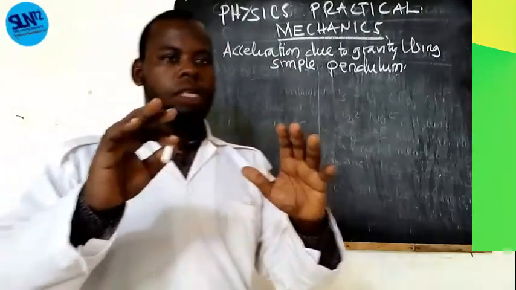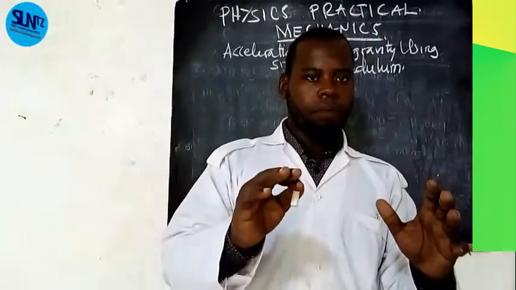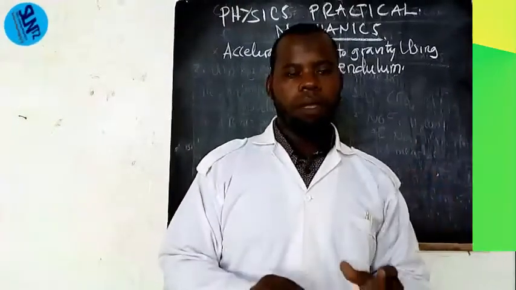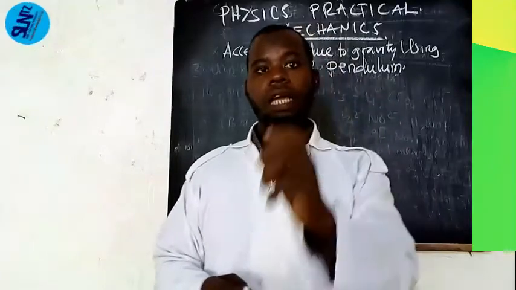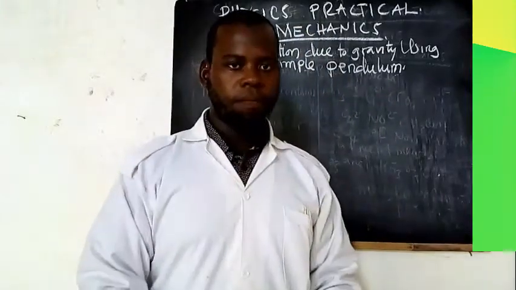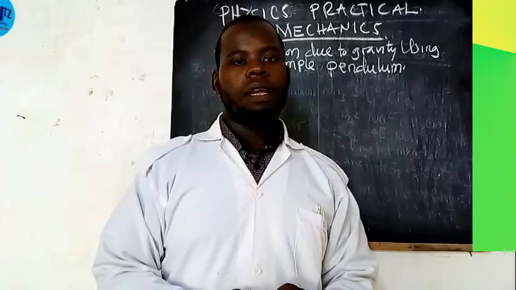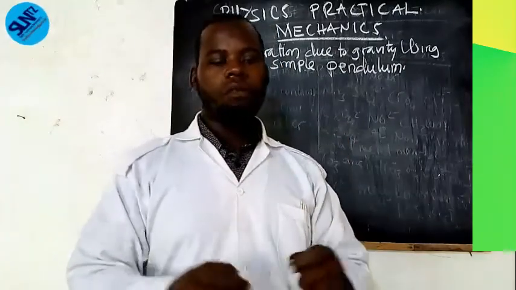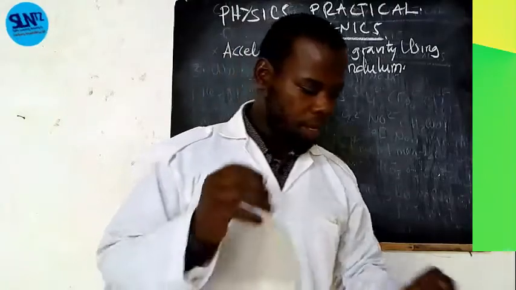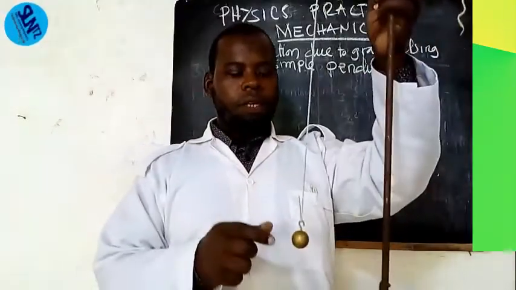When we talk about the acceleration due to gravity, a simple pendulum, we talk about the relationship between the length of the pendulum, how it is related with the time, and the gravitational force. This is a simple pendulum.